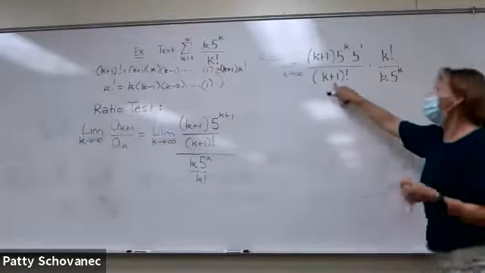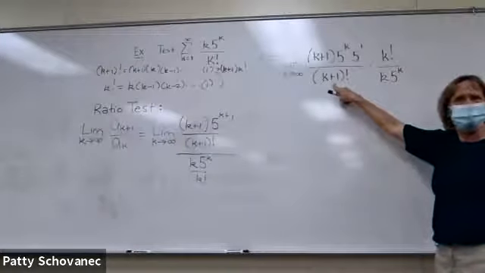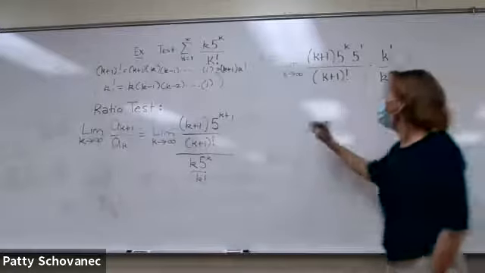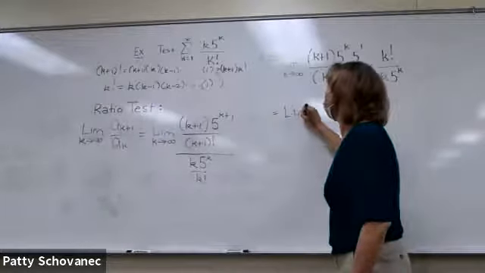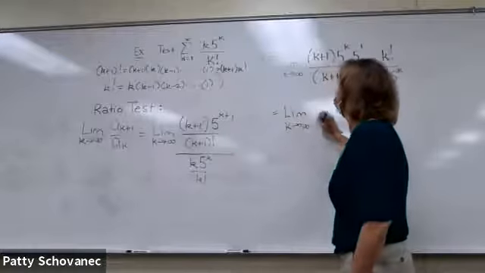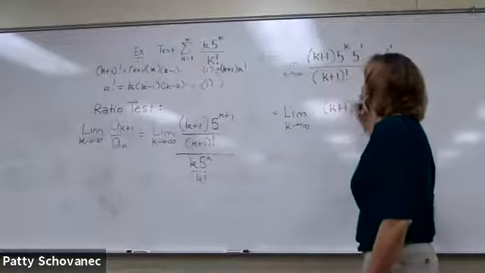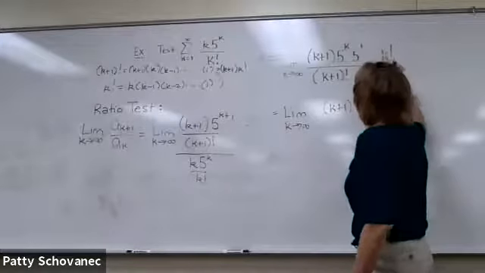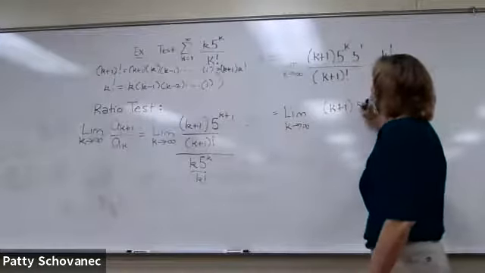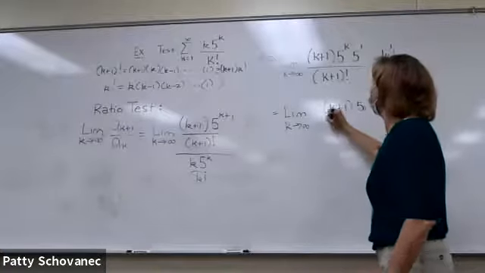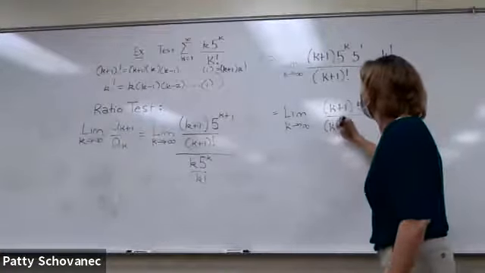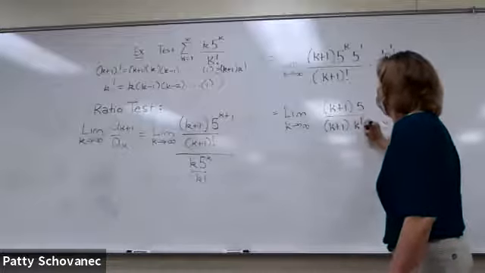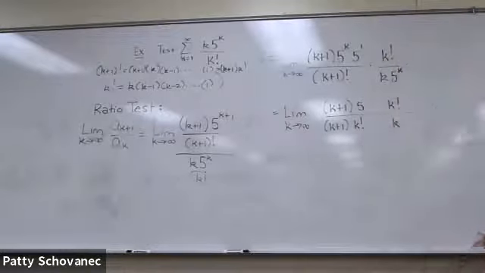So I'm going to replace k plus 1 factorial with k plus 1 times k factorial. I'll go ahead and cancel the 5 to the k's. k plus 1 factorial is the same as k plus 1 times k factorial.